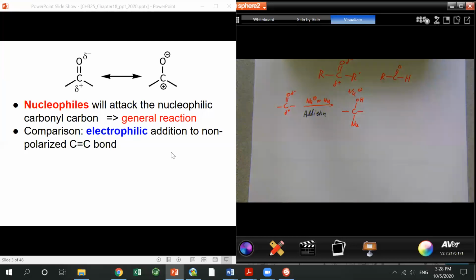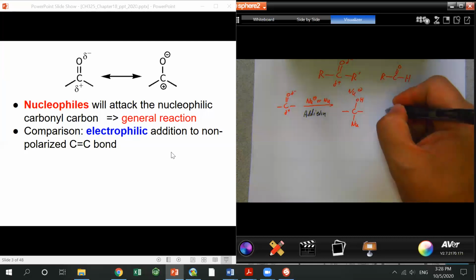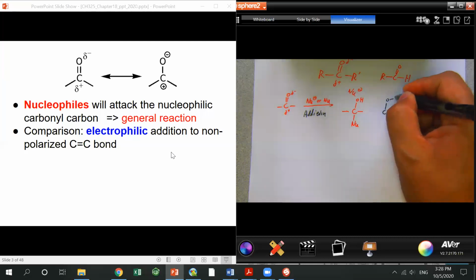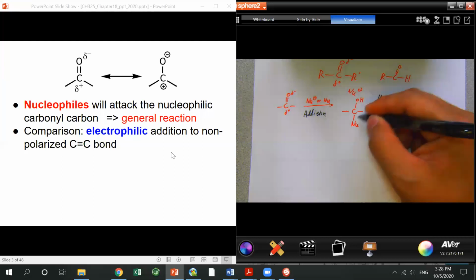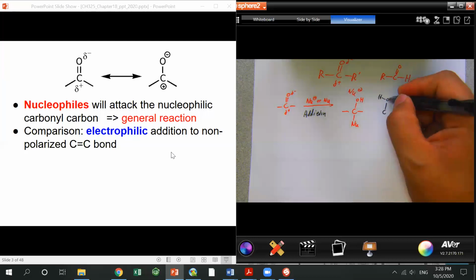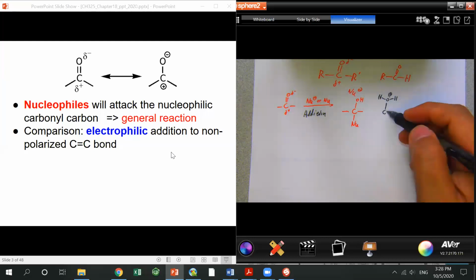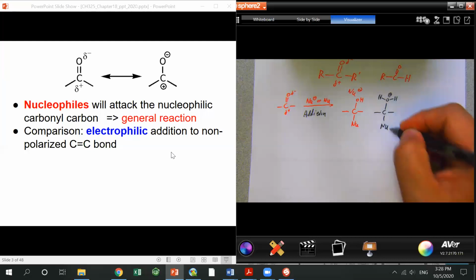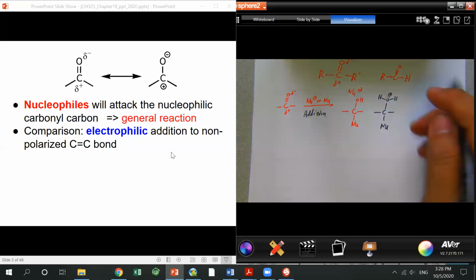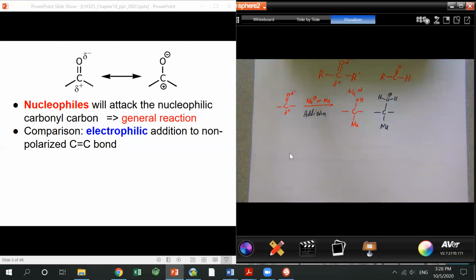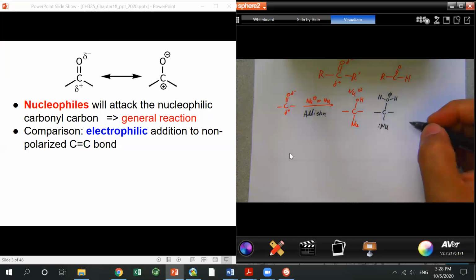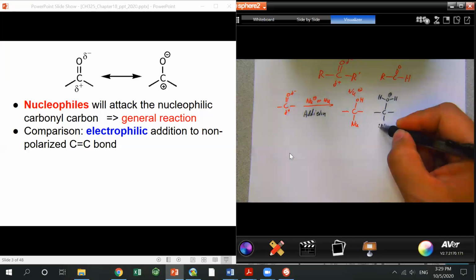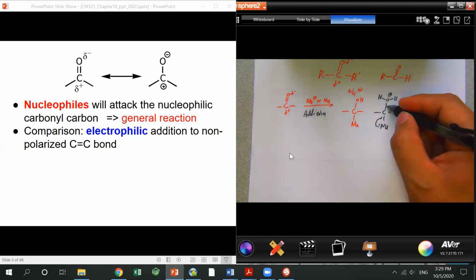What happens is that instead of stopping at the alcohol stage, the alcohol picks up a hydrogen from the solvent and becomes water. Meanwhile, the nucleophile has lone pair electrons on it, which can further attack the carbonyl carbon and kick off the water.